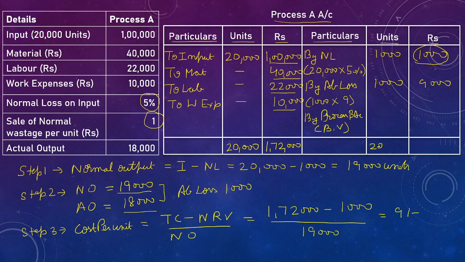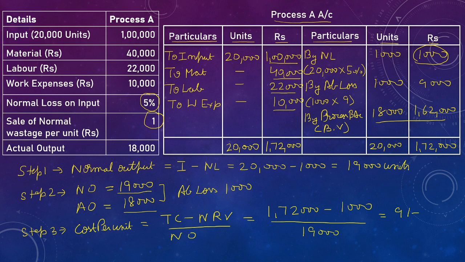Now we write these amounts on the credit side to find the balancing value, which is 18,000 units, our output of this process, costing rupees 1,62,000. Now this becomes the input of the next process, so this by process B account is transferred to B account on the debit side.